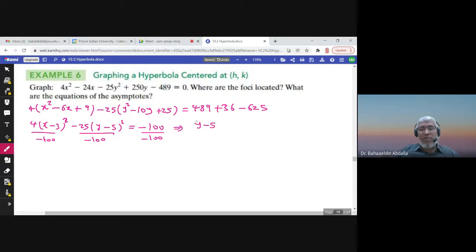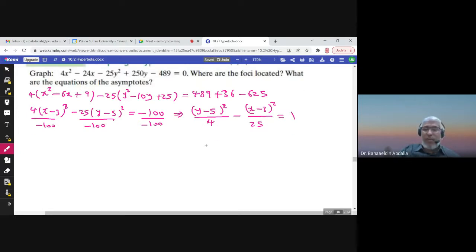So I have (y minus 5) to the power 2 over negative 100 over negative 25, that's just 4, and then minus (x minus 3) to the power 2 over 100 over 4 is 25, and negative 100 over negative 100 is 1. And this is the equation of the hyperbola written in the standard form.